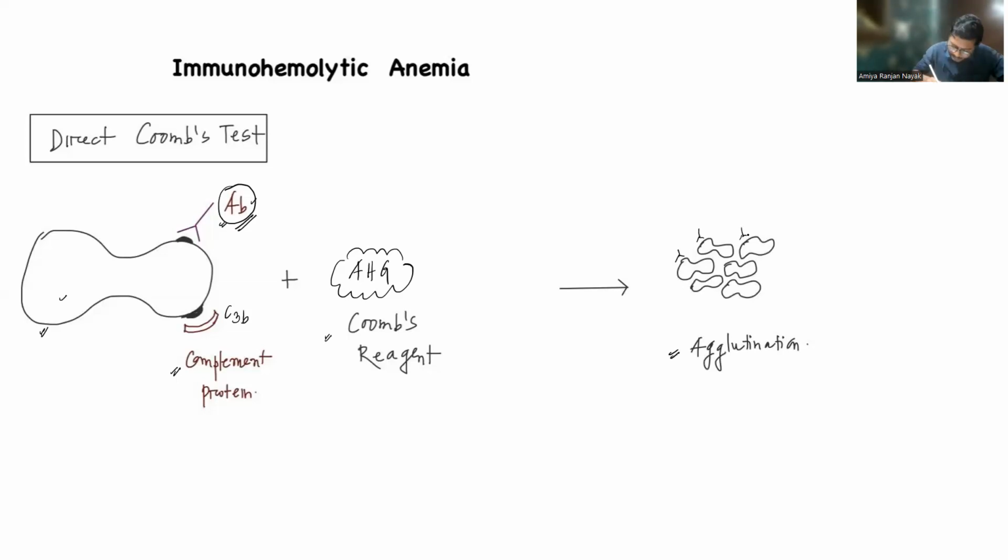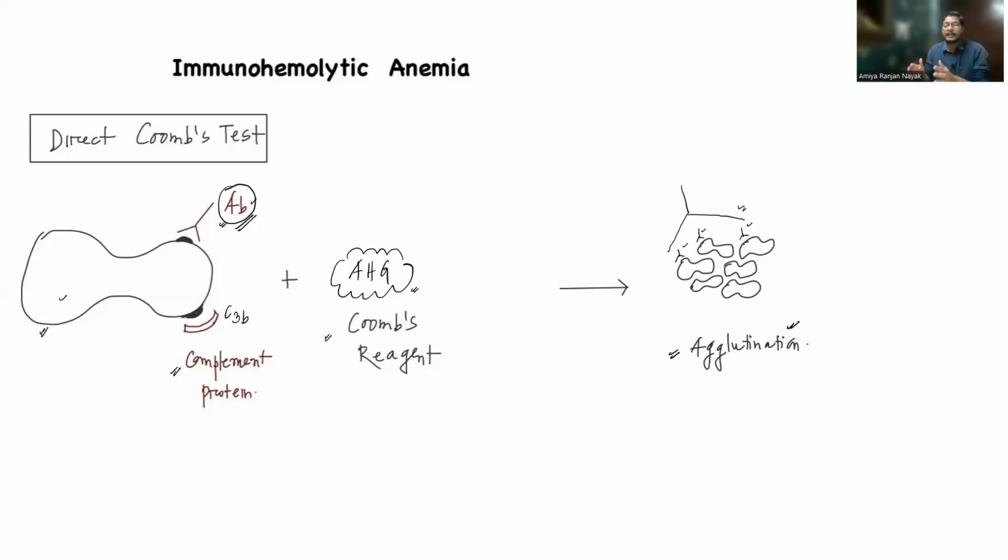Now we are giving anti-human globulins, which are directed against these antibodies. So now these anti-human globulins or the Coombs reagent can come and bind to these antibodies, and this is a process by which it can bring a lot of RBCs bound to antibodies together, and this process is known as agglutination.